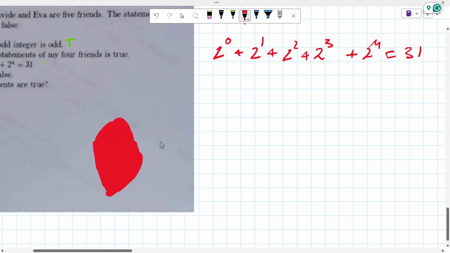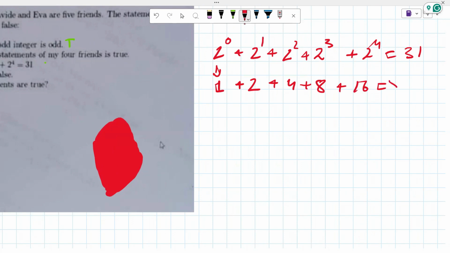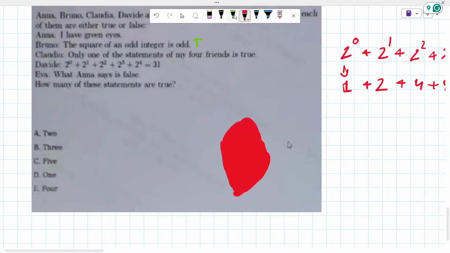Is it true or false? 2 to the power of 0 is 1, plus 2 to the power of 1 is 2, 2 squared is 4, 2 cubed is 8, 2 to the power of 4 is 16. Let's compute: 8 plus 16 is 24, then 28, then 30, then 31. So the statement is true. We already know that two statements are true.